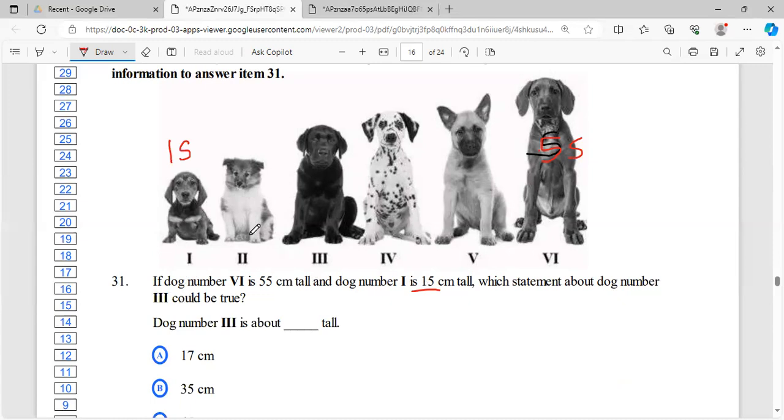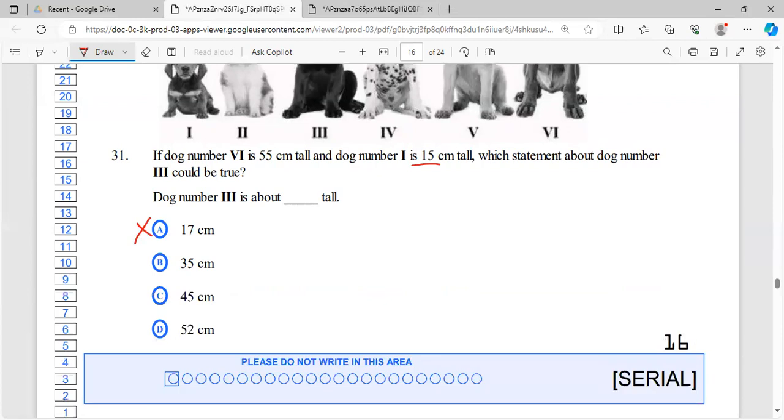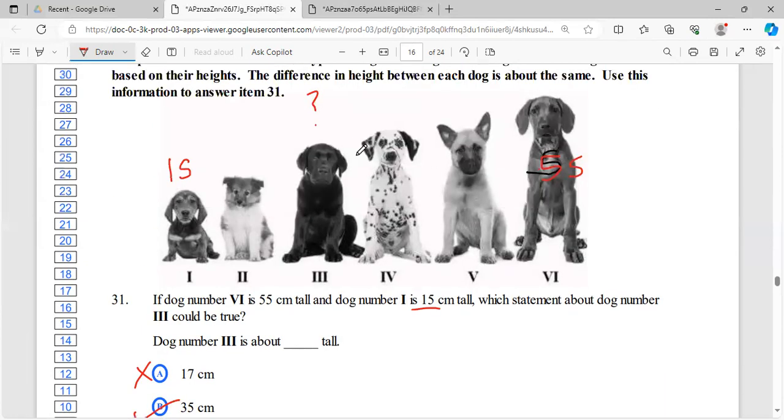Then dog 3 is about, so they want us to find this one. So 15 can be 17, you can eliminate 17. I'm going to go with 35. 45 is too big. I'm going to go with 35.